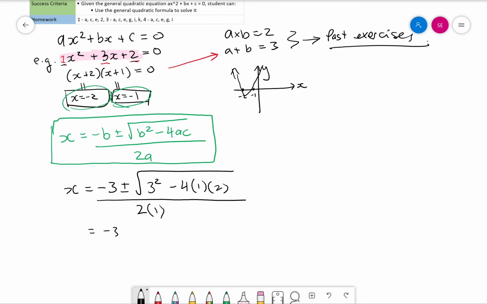So we get minus 3 plus or minus the square root of, what's 3 squared? It's 9. And what's 4 times 1 times 2? It's 8.